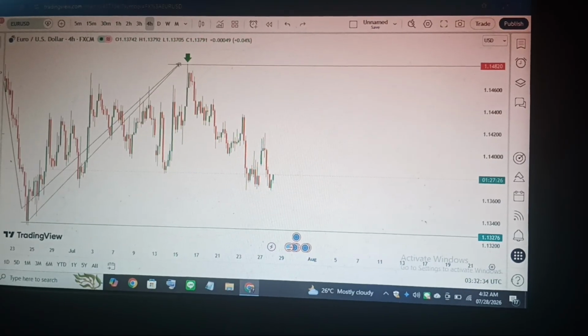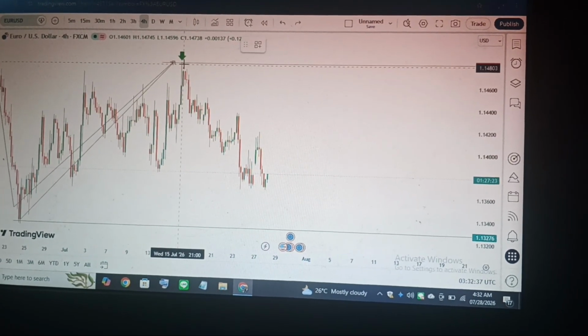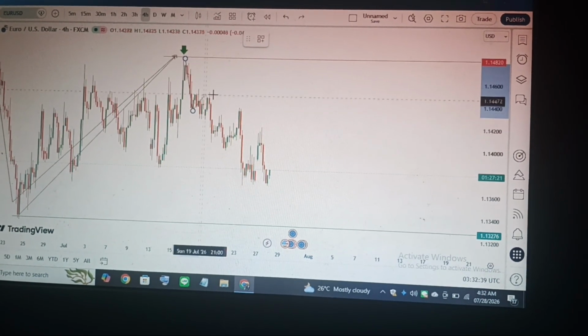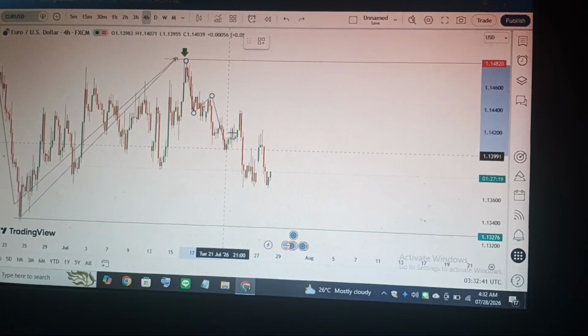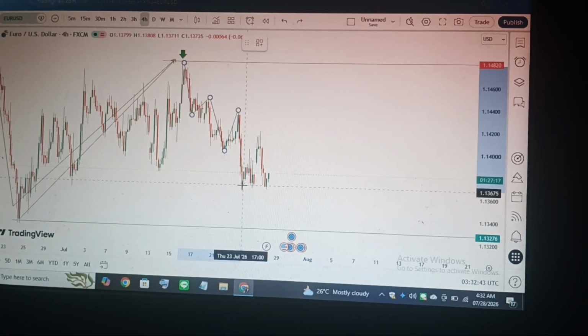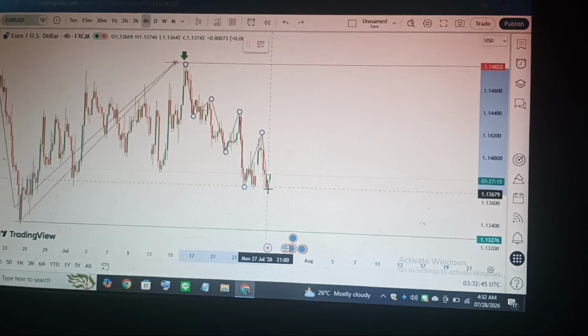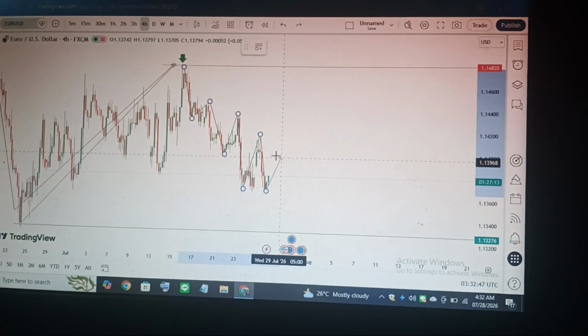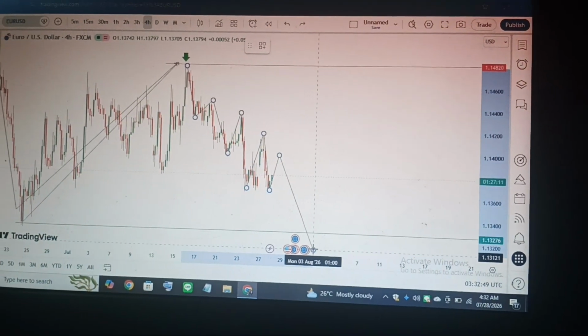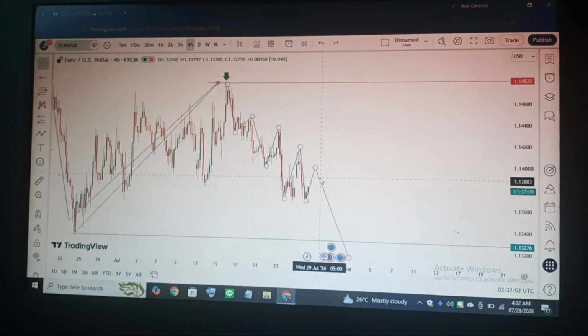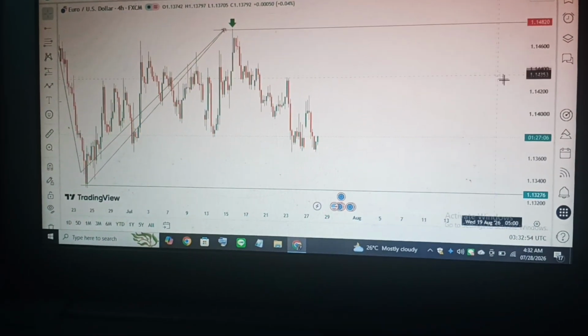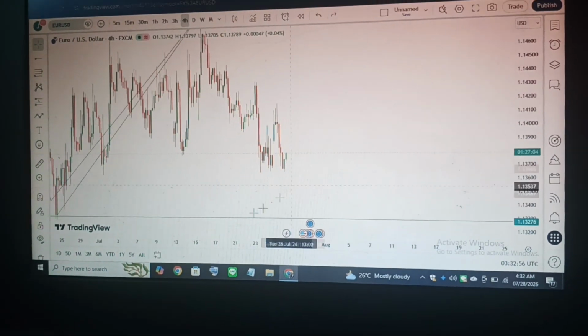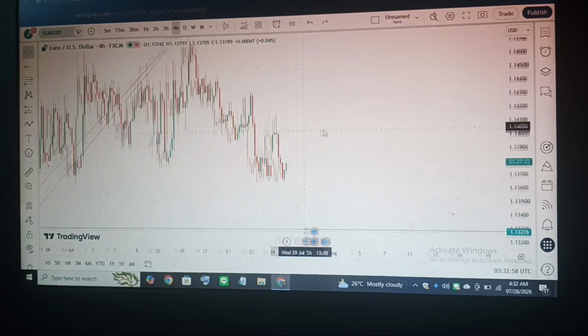What we can see here is the market is already building a bearish push to the downside. You can probably see a push here before the drop. So if the market presents an opportunity, we are going to take a continuation trade to the downside.